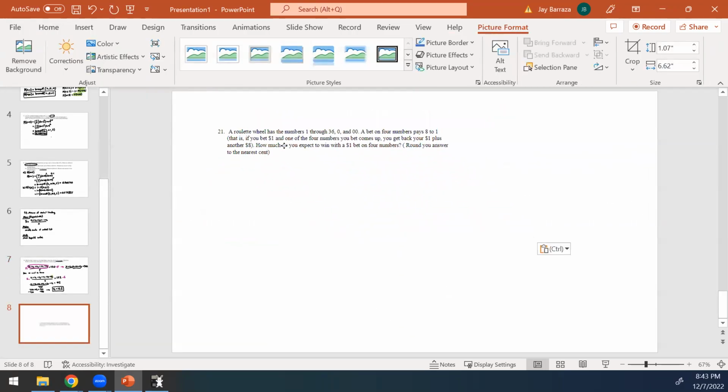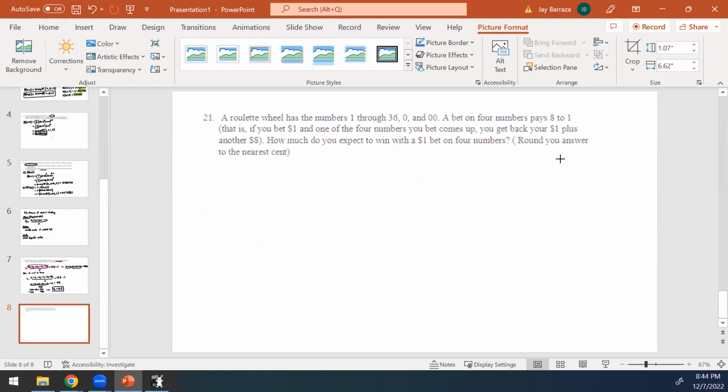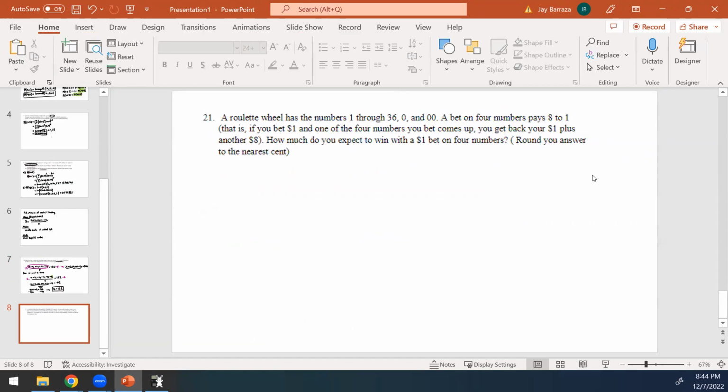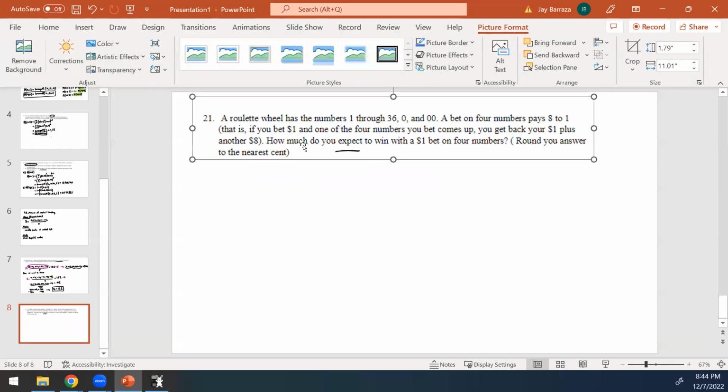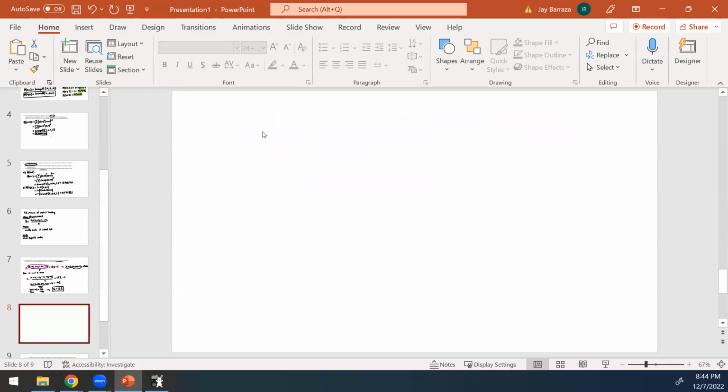We're going to do the roulette problem now. When you're doing the roulette problem, they're asking you to find the expected value, or how much you expect to win. Actually, I'm getting ahead of myself. Let me create another slide in between because I should first tell you what the expected value is.